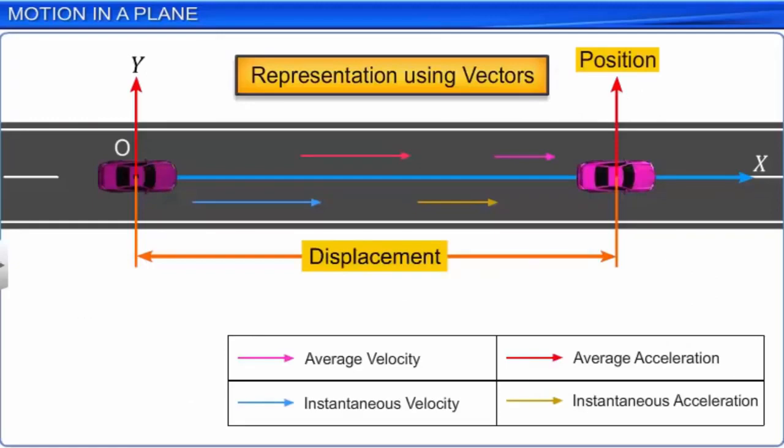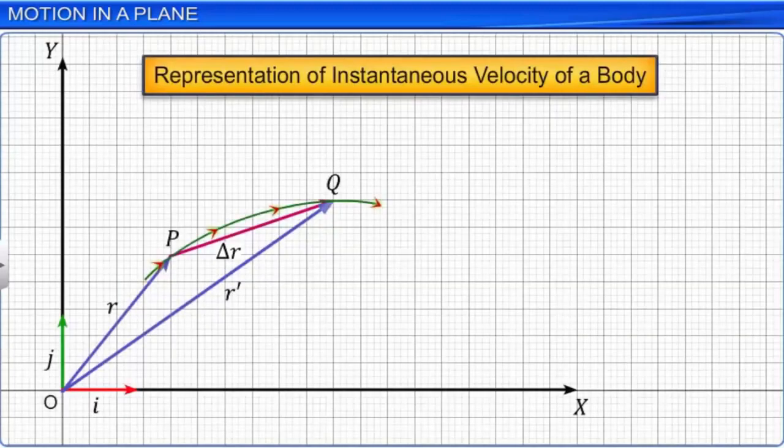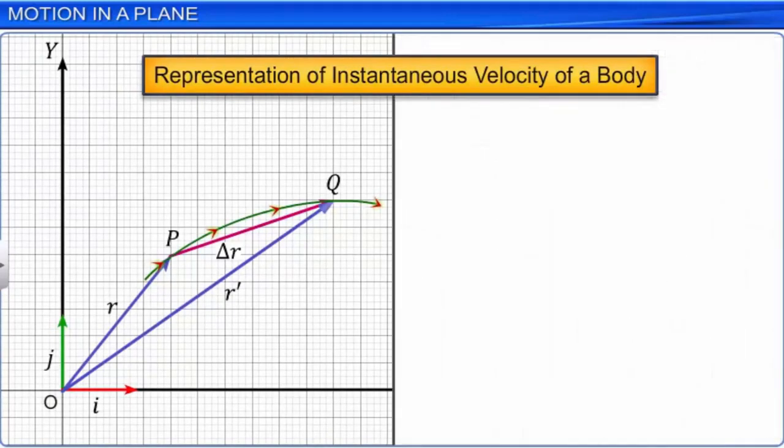Next, let's discuss the representation of instantaneous velocity or velocity of a body using vectors. Consider the same body moving along a curve in the xy plane. Instantaneous velocity or velocity is the limit as delta t tends to 0 of delta r by delta t, which is equal to dr by dt.